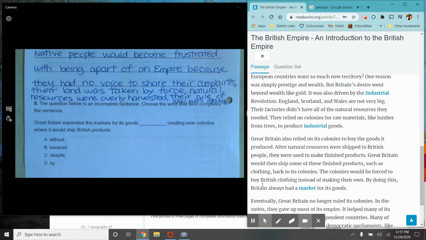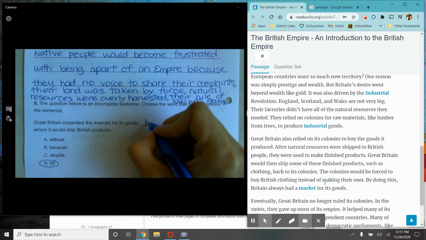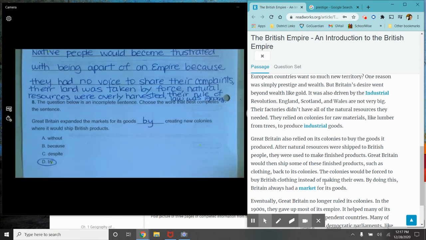The colonies would be forced to buy British clothing instead of making their own. By doing this, Britain always had a market for its goods. Expanded the markets for its goods without creating new colonies? No, because by making new colonies, they had new places to sell their goods.